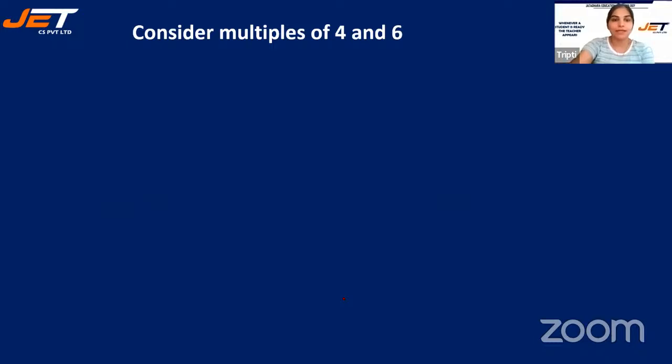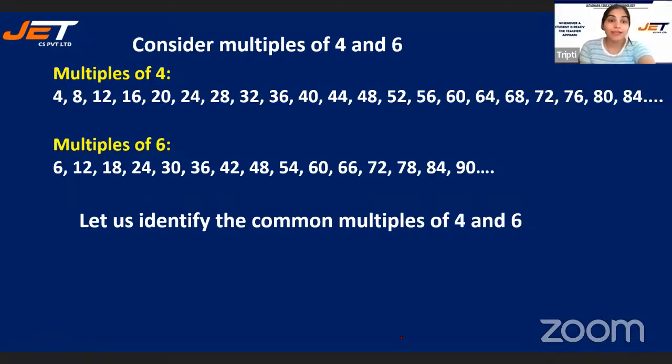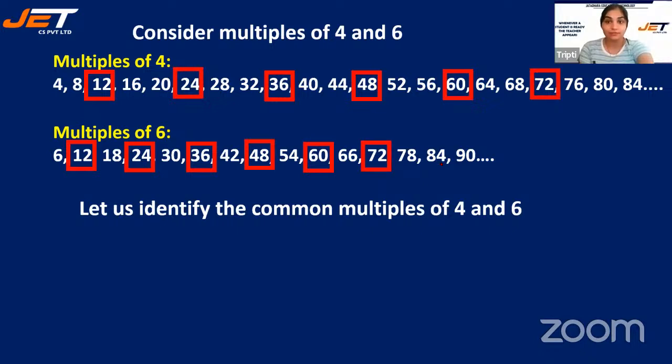Next one, we have 4 and 6. The least common multiple of 4 and 6. But before we do the least, we need to find out the common multiples. So here we have the multiples of 4 and the multiples of 6. Common multiples are 12, 24, 36, 48, 60, 72, 84, and so on.